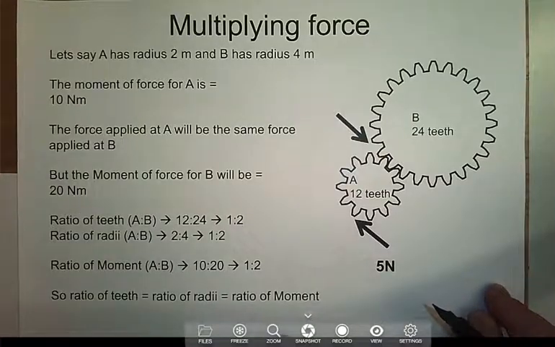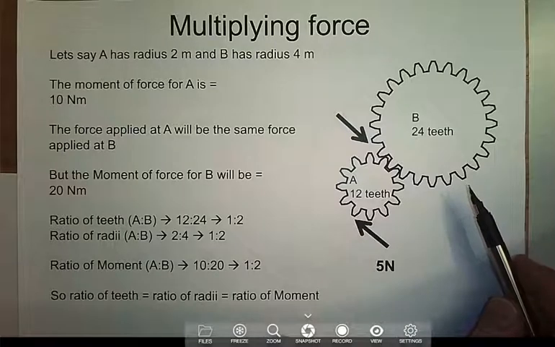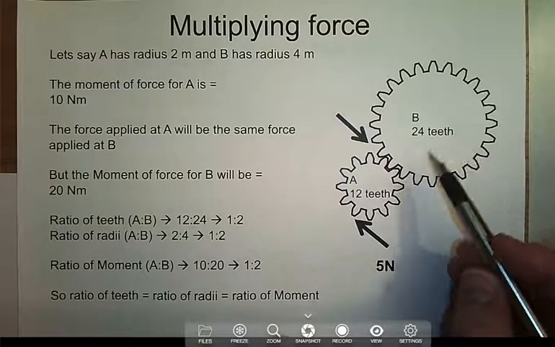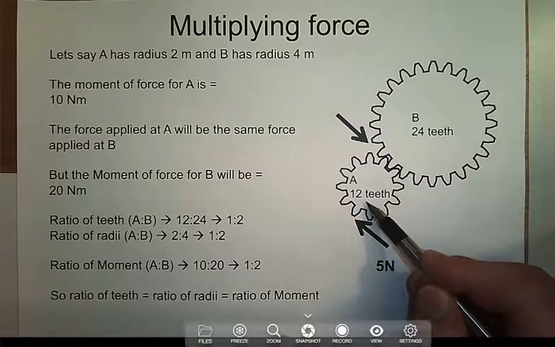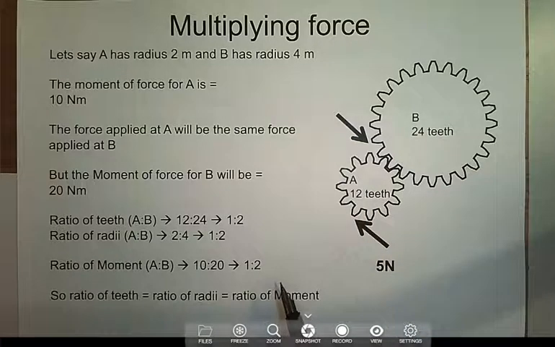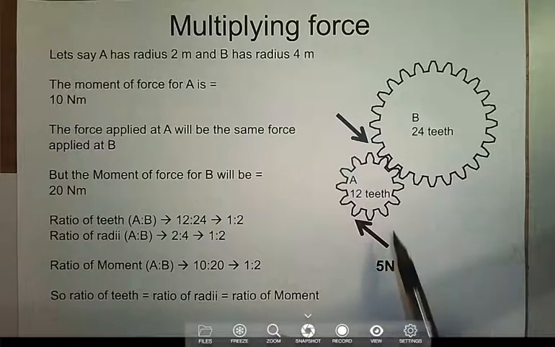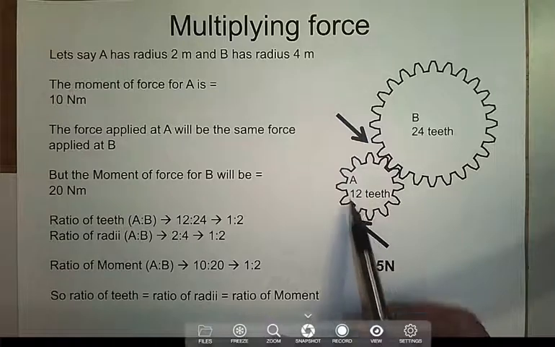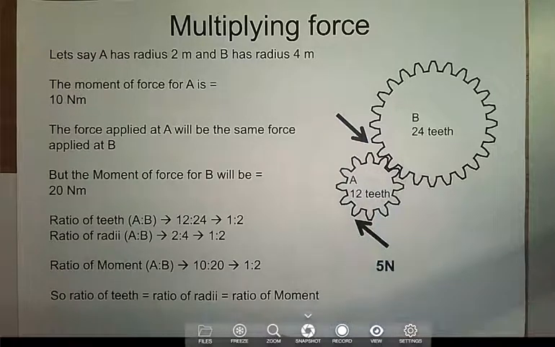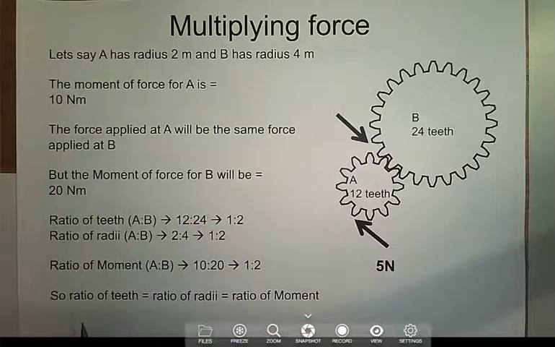Now, we can also use gears to multiply forces. In this example, wheel A has 12 teeth and B 24. A has half the number of teeth as B. So, reading through, the moment on force A is 10 newtons.